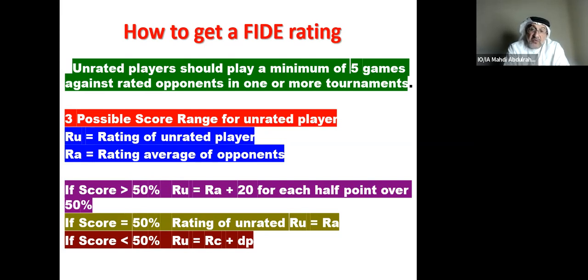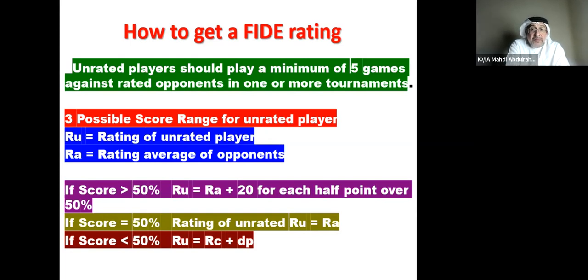We have a table, and we check on the table where this percentage is located. That percentage will be the figure. We go to the table and find where it's located. Beside the figure, you will find another number, DP. This number we add to the RC. So RC plus DP, we can get the new rating.